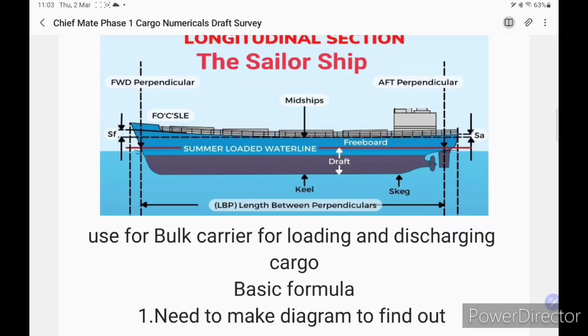But in a bulk carrier, where we load bulk cargo, all the cargo quantities depend upon the draft. So there is an initial draft survey, an intermediate draft survey, and the final draft survey. The bill of lading and mate's receipt depend upon the final draft survey. So this draft survey is for bulk carriers.